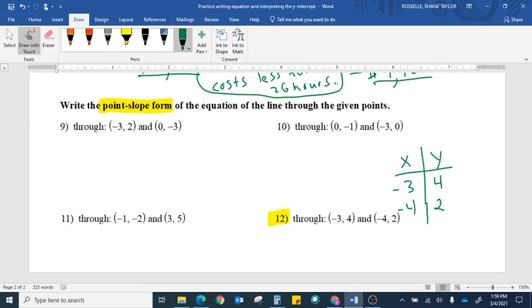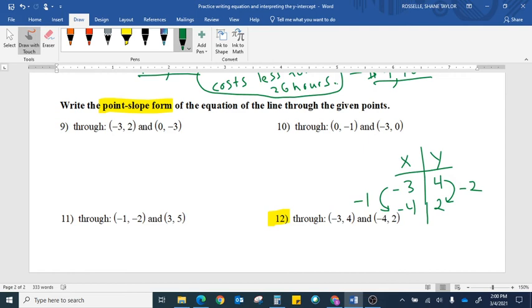Okay. So same idea. What do I do to go from -3 to -4? Well, I just subtract 1. -1 minus 3 gives me -4. What do I do to go from 4 to 2? Subtract 2. 4 minus 2 equals 2.